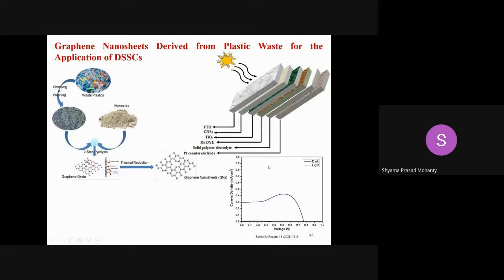The research group got an efficiency of about 0.2%, which is quite low, but the interesting thing is that they utilized the graphene in between the FTO and the TiO2 to promote bonding between them, and they prepared solid electrolyte based solar cells.